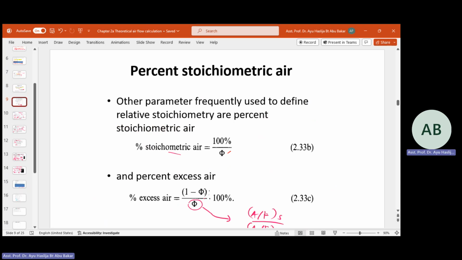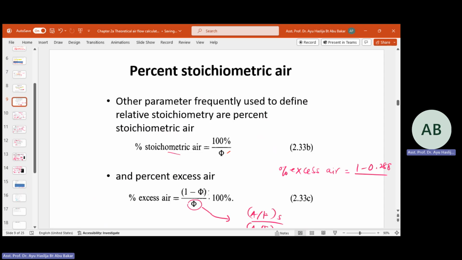Okay, so let's say dia nak excess air kan. Tadi 0.286. So for example yang tadi, 1 minus 0.286 over 0.286. So from here, you boleh tahu berapa excess air.